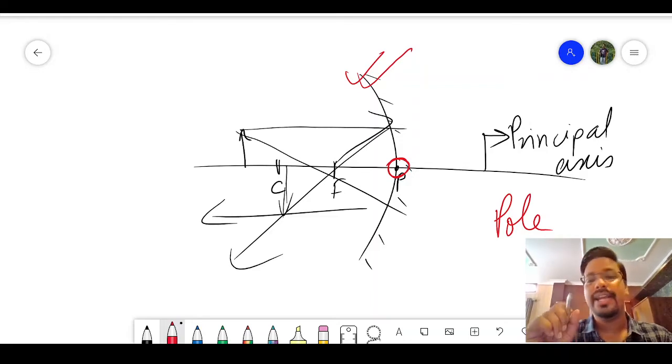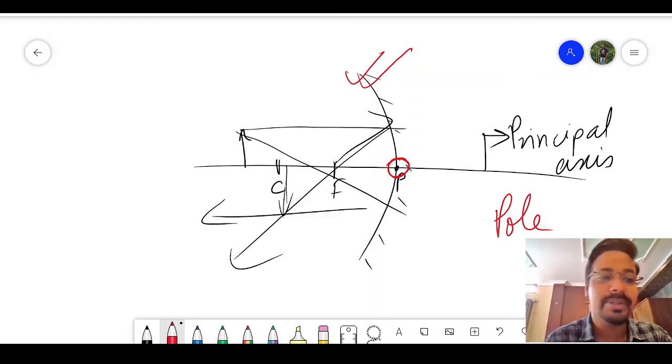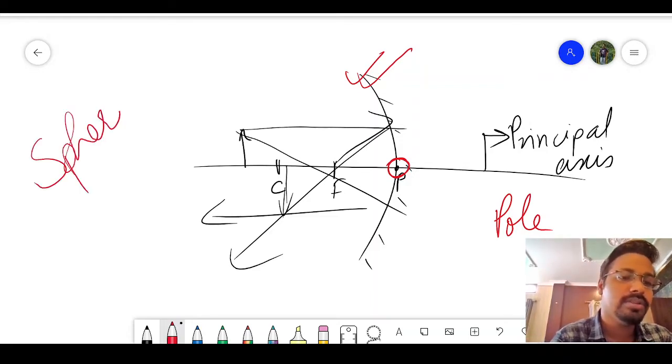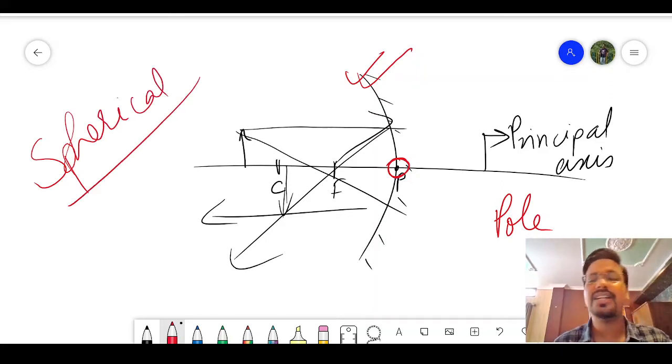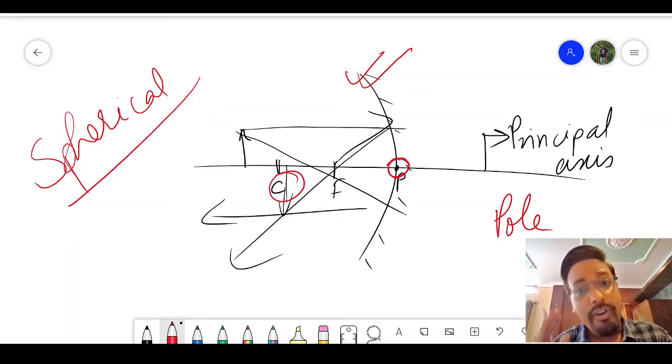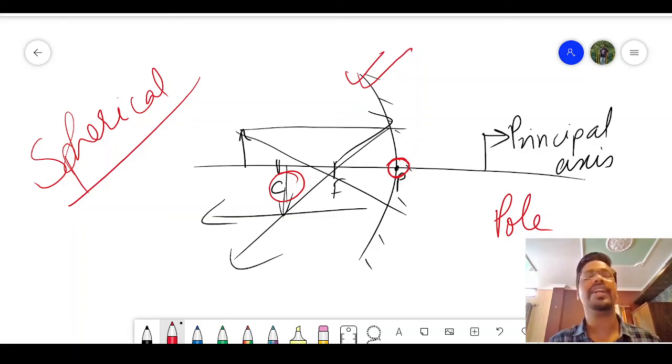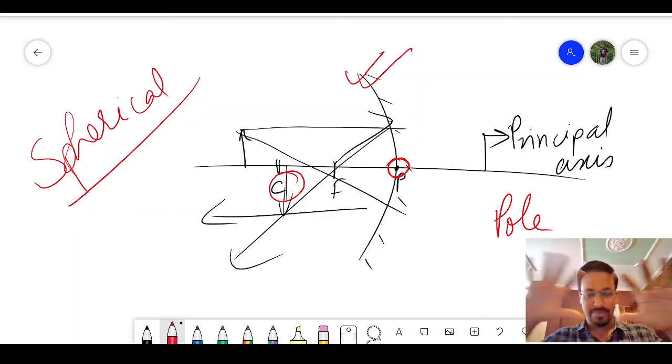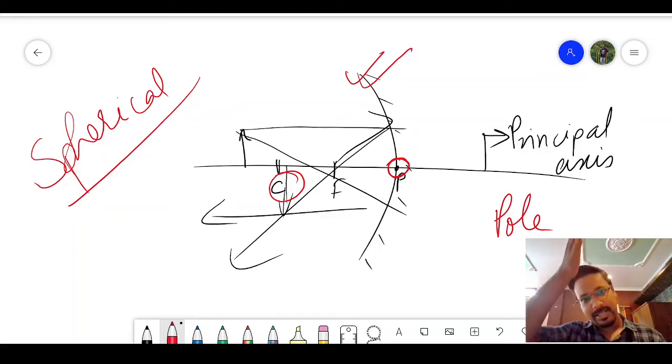Now as we have said, the mirror is a spherical mirror. Spherical mirror means this mirror is a part of a sphere. Every sphere has a center, right? So this center is marked here as C. It is the center of the sphere of which the mirror was a part. A spherical mirror is a mirror where a part of the sphere has been cut out, which now acts as the mirror.